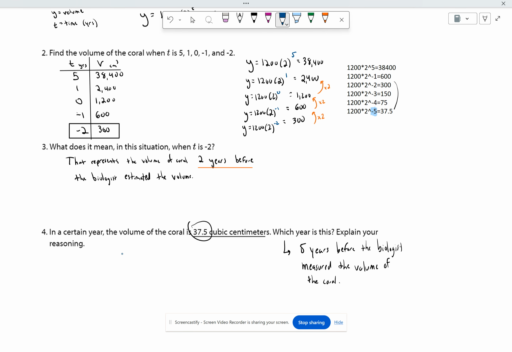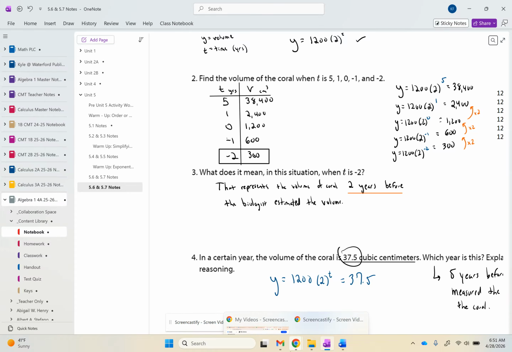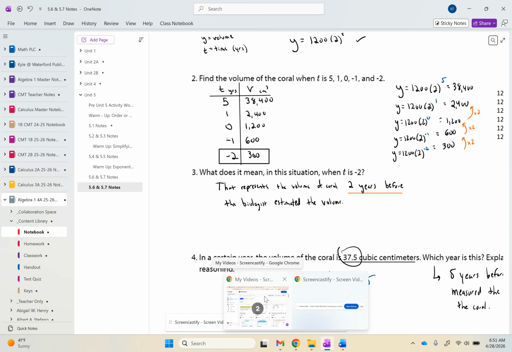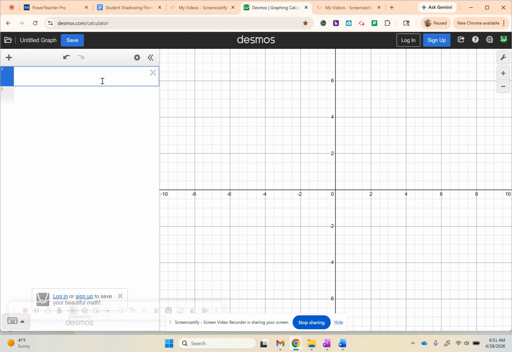Alternatively, we have this equation here, y equals 1200 times 2 to the t, and we want to find out at what t value does this equal 37.5. So another option that we could do without this guess and check game is go right to Desmos and type that in.